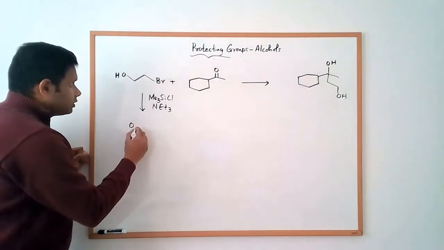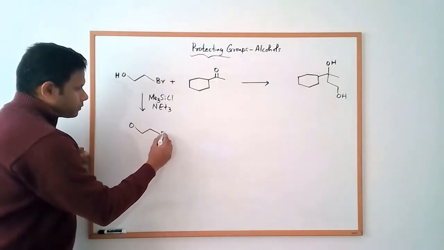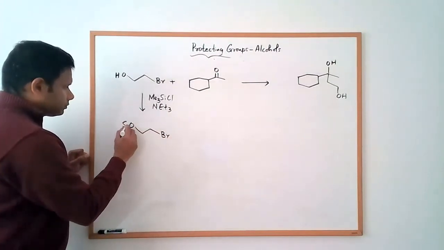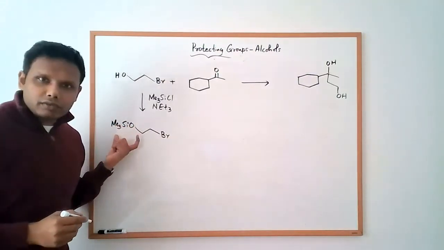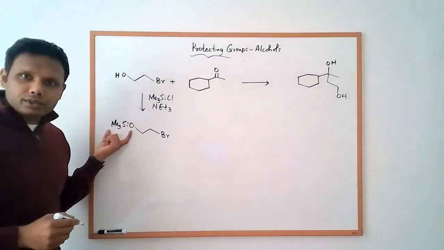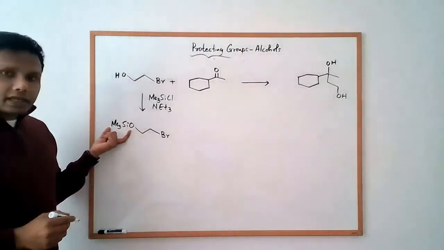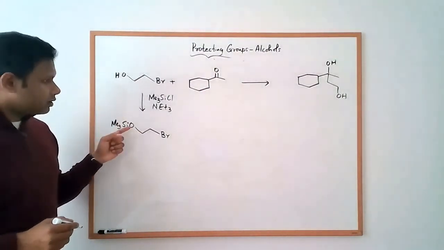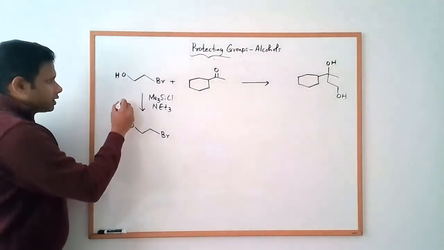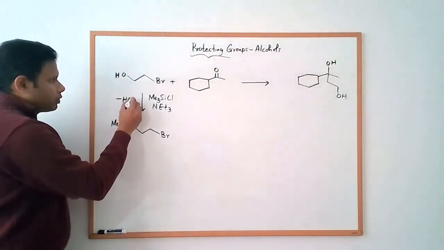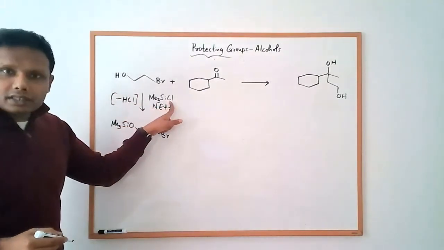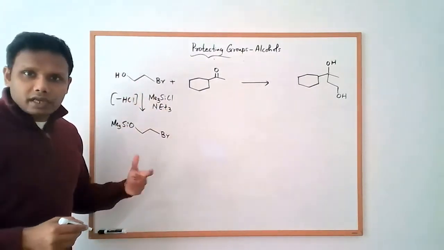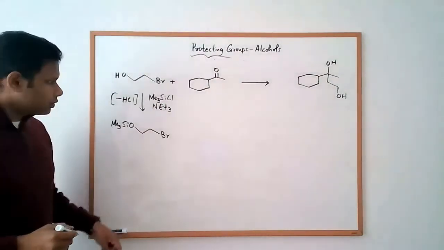So what I'll make is Br, Me3Si. So I make this silyl ether protecting group. That silyl group is now protecting the alcohol as a silyl ether group. And again, remember what's lost here is a molecule of HCl. That Cl and the hydrogen from the alcohol, that's lost. So we made the protecting group.